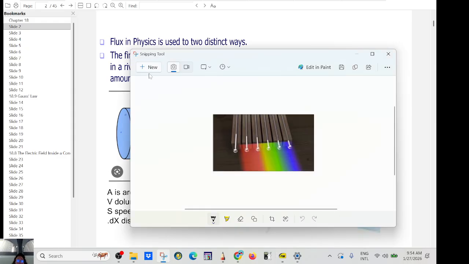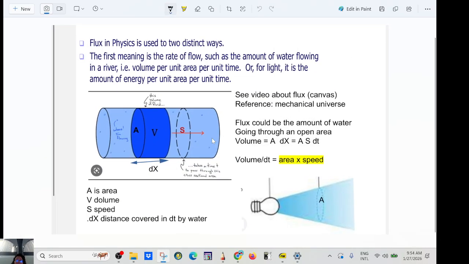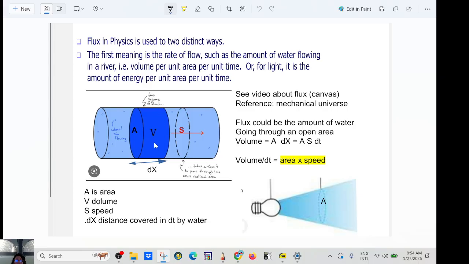I'm going to do it step by step. We can define the flux as the amount of stuff flowing through an area. That area can be closed, that's how we use Gauss's law, or it doesn't have to be closed.